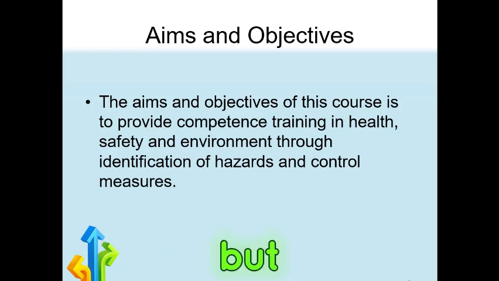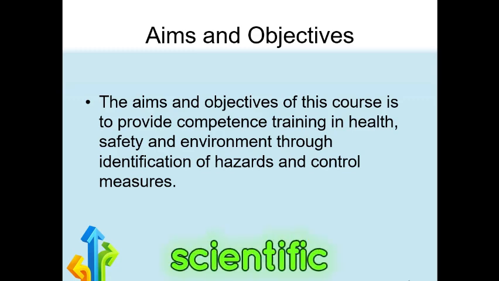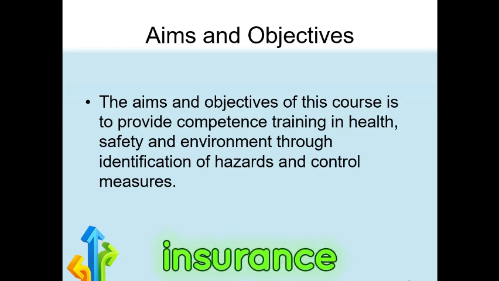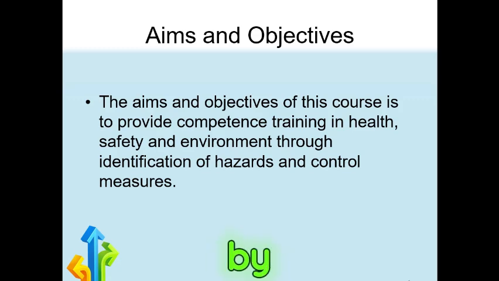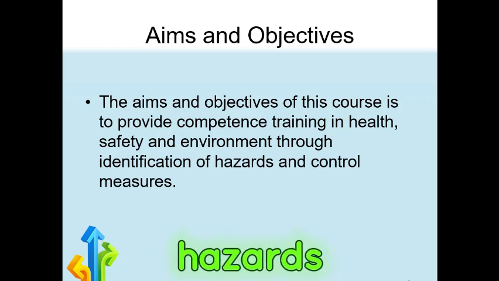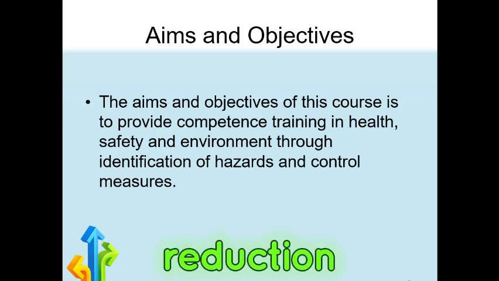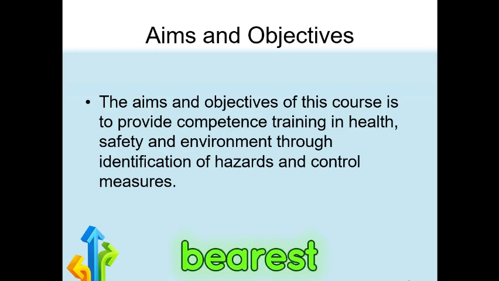But during this course, you will learn a better way, or the scientific method, of ensuring safety, not just by eliminating hazards, but also reduction of hazards to the barest minimum.